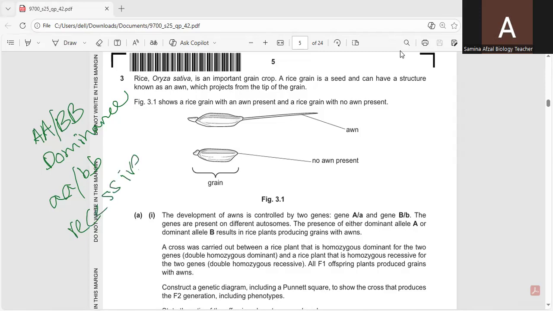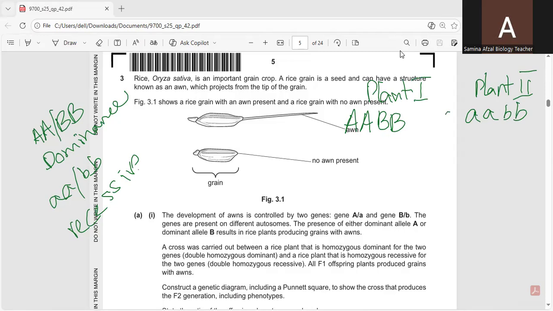So there are two parents, plant 1 and plant 2. Plant 1 has double homozygous dominance, all dominant letters, and plant 2 is small a, small b, double recessive. Plant 1 has awns, plant 2 has no awns.